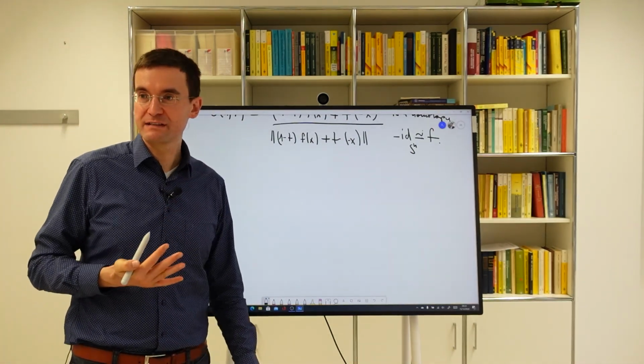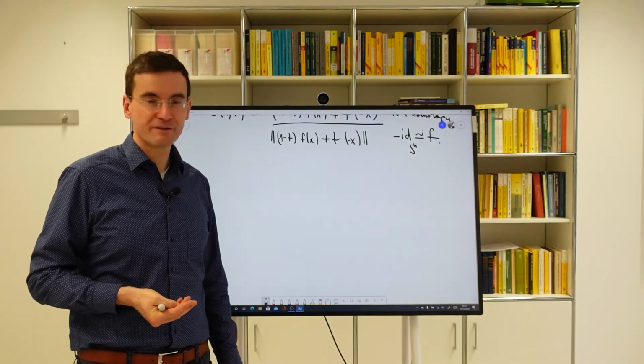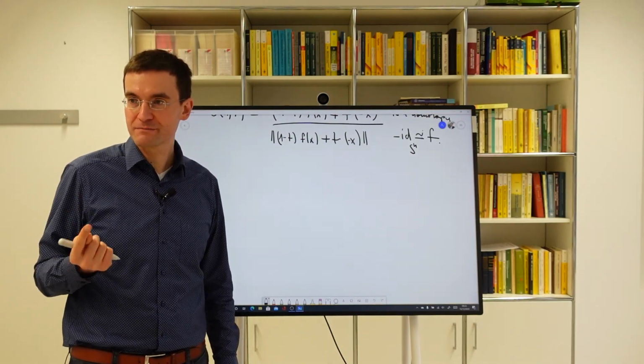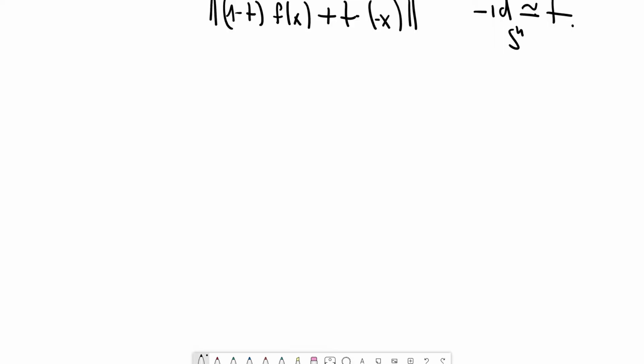Minus the identity is the composition of n plus 1 reflections. Because the identity on Sn is in fact a map on R to the n plus 1, right? Exactly.